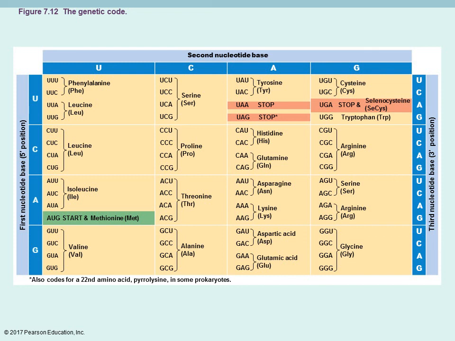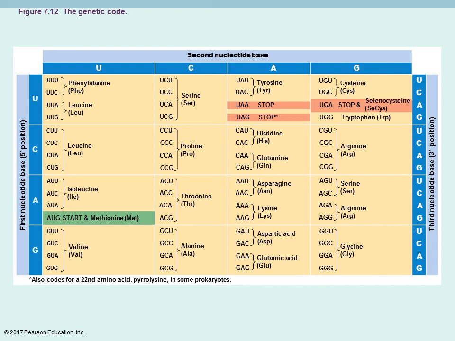You will notice that you have 4 different bases. The way you pair them up gives you a possibility of 64 codons. One of those is a start codon. It also codes for methionine, but it's the start one. 3 of them do not code for amino acids, and they are the stop codons.